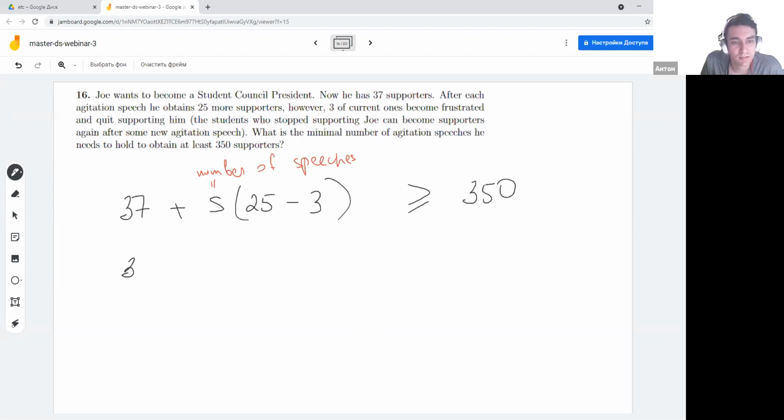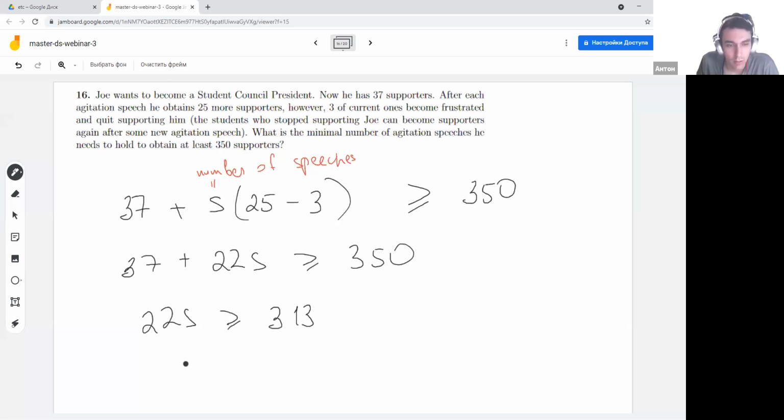So let's see. We have 37 plus 22S must be greater or equal than 350, which means 22S must be greater or equal than 313, which means that S must be greater or equal than 313 divided by 22, which is, I performed the calculation, but you can always check it with a pen and paper, which equals 14 and something, okay?